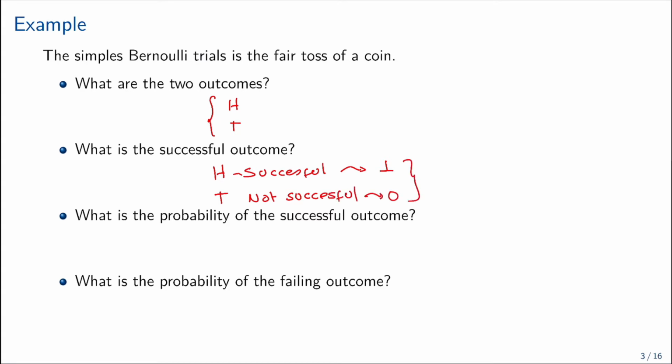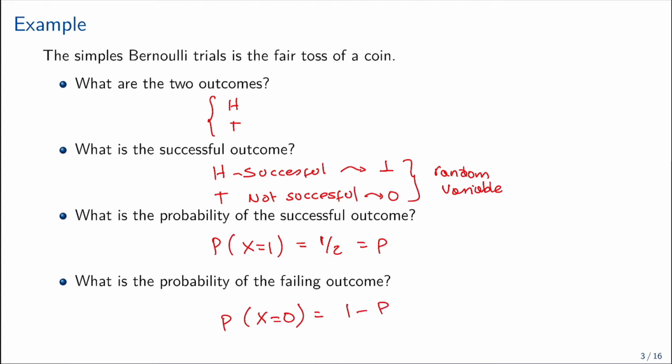So these 0 or 1 are the random variable. Now the probability of X being equal to 1, of X being successful, in this case is equal to 1/2. This is p. And the probability of failure, P of X equal to 0, in this case is 1 minus p, which is 1 minus 1/2 equal to 1/2. They are equally likely.